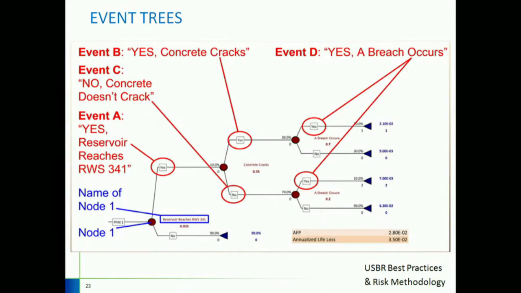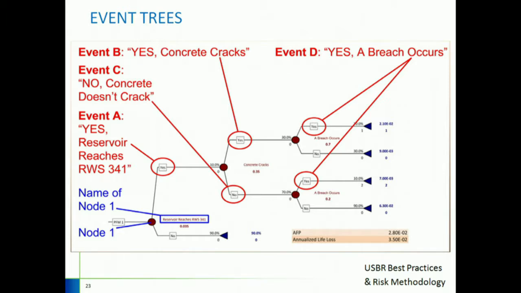Here's an event tree. I'll try to make this as easy to follow as I can. So a failure mode 1. You go into a node where it's either yes or no. And for this failure mode to not happen, the chance is 90%. For it to happen, the chance is 10%.